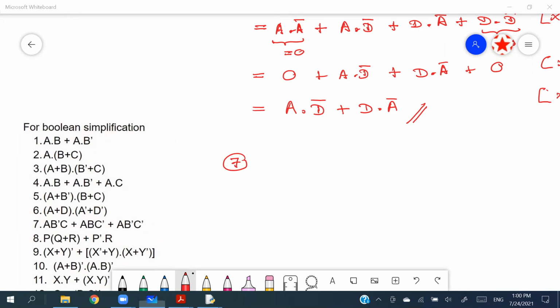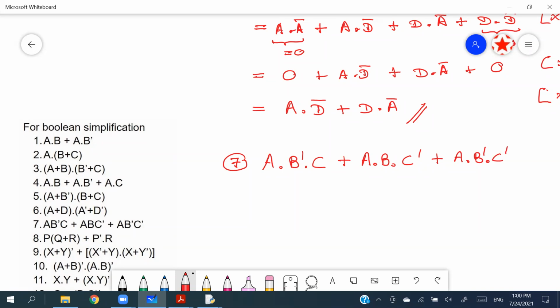In the seventh question, you have A dot B dash dot C plus A dot B dot C dash plus A dot B bar dot C bar.